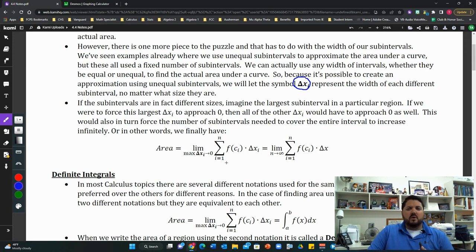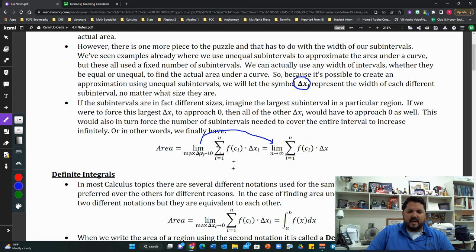Notationally, what that means is we're going to start with a slightly different limit notation out in front. Instead of starting with n goes to infinity, we're actually going to start with the maximum delta x sub i value approaching 0, but that in turn will turn into the limit as n goes to infinity.